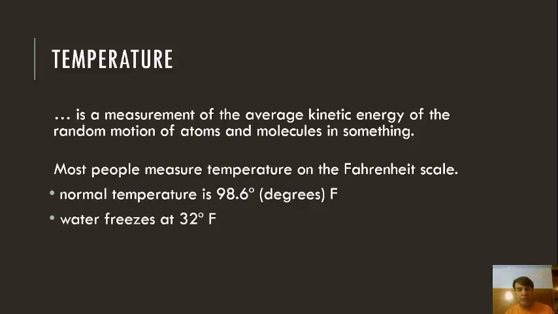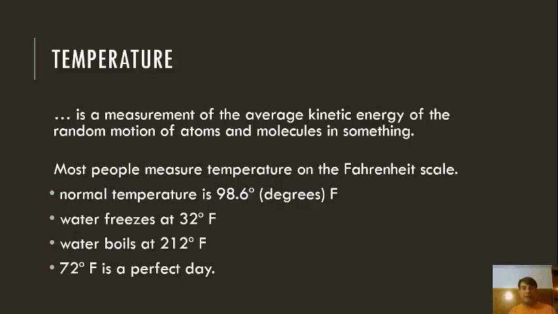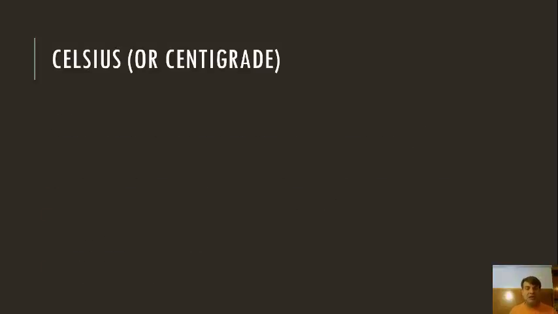When you put water on the stove, it boils at 212 degrees Fahrenheit. Those are just a few Fahrenheit benchmarks. 72 degrees, some would say, is a perfect temperature for the human body. Not everybody agrees, of course, depending on where you grew up, probably. But that's not important right now. So temperature, Fahrenheit. However, science uses the Celsius or centigrade scale because it's more precise.